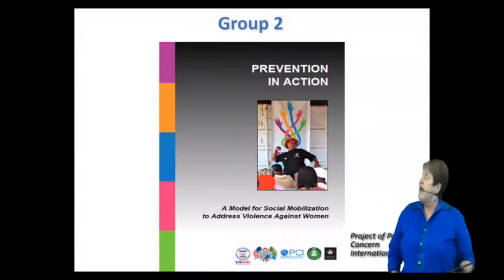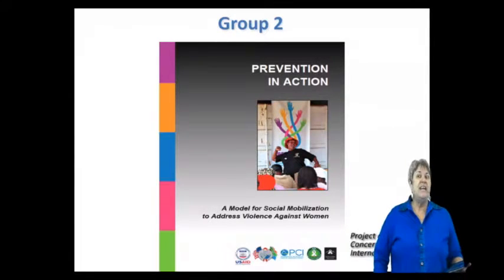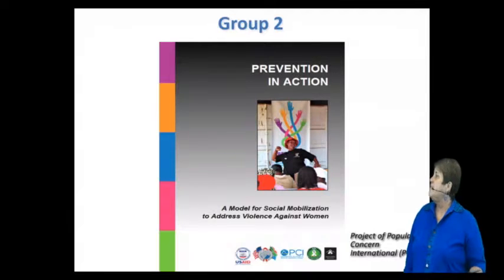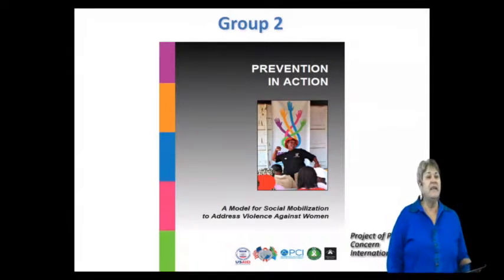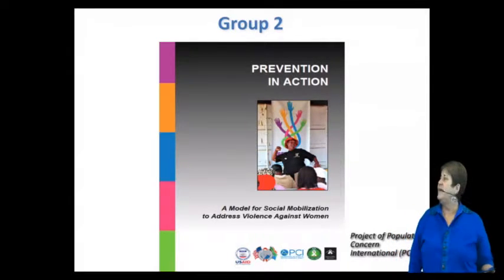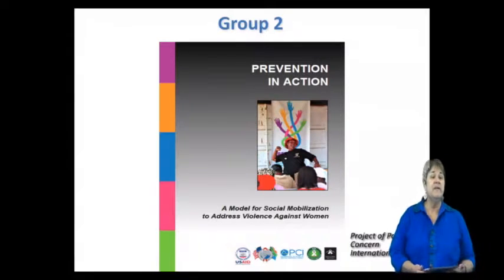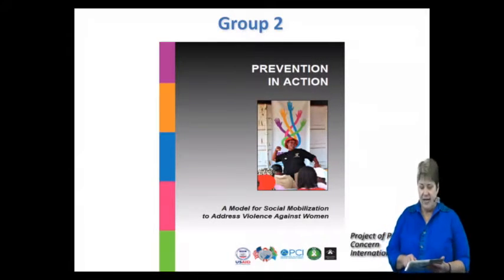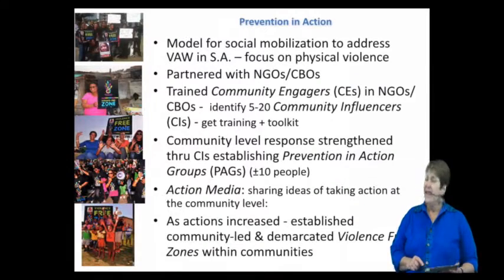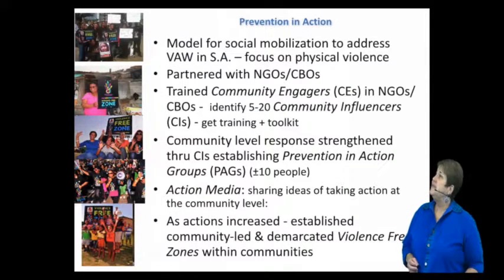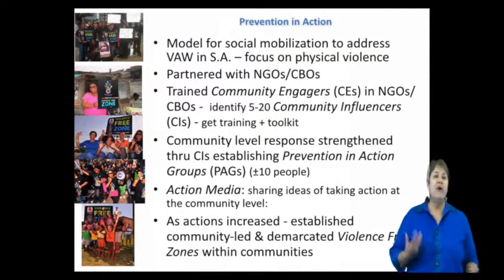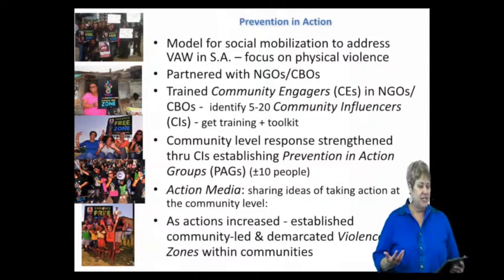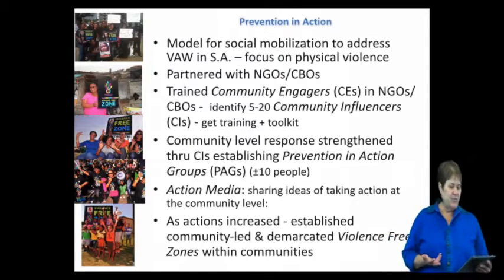The second program that you had a look at was Prevention in Action, which was a program that ran in South Africa again, in Khayelitsha, in Cape Town, and also in an urban area of KwaZulu-Natal. And what they wanted to do is set up a model for social mobilization in the community, specifically to address violence against women.